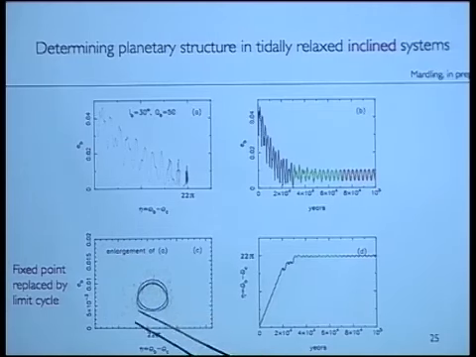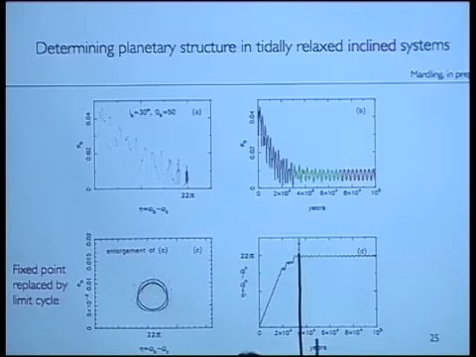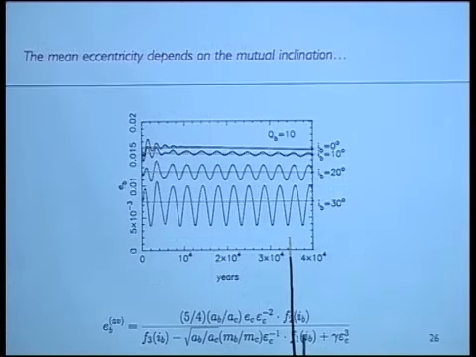And the blue curve is the theoretical limit cycle, which comes from a generalisation of the theory I showed you before. So the main thing here is how this affects one's ability to say something about the structure of the planet, and unfortunately it really screws it up unless the inclinations are small.